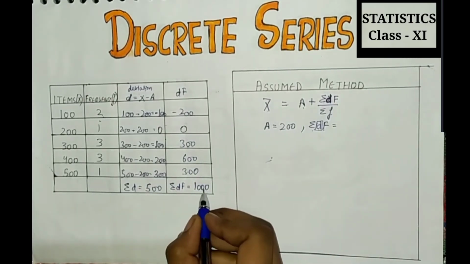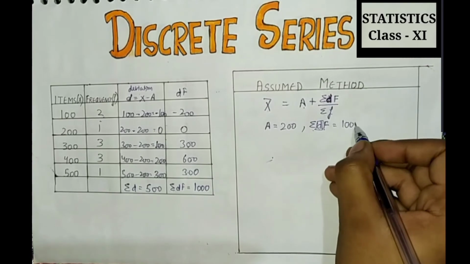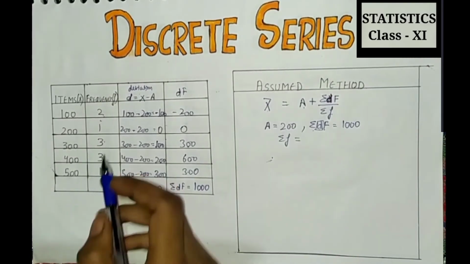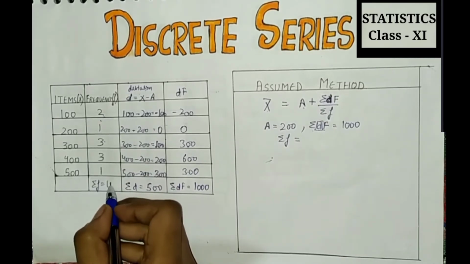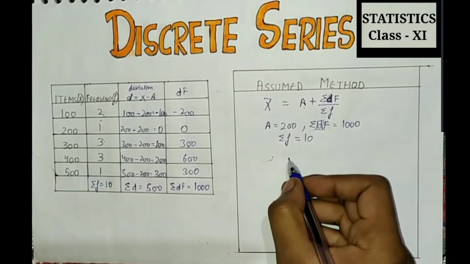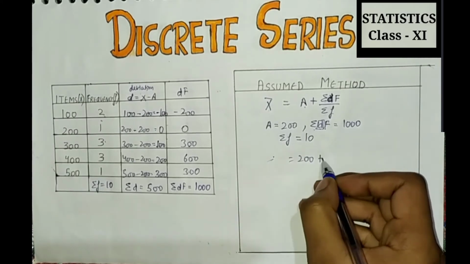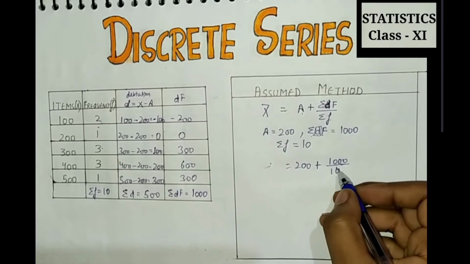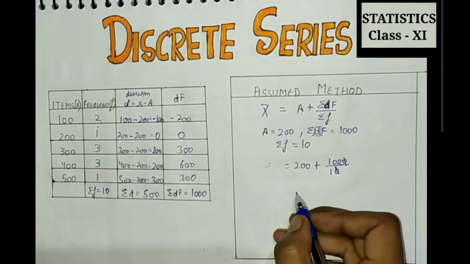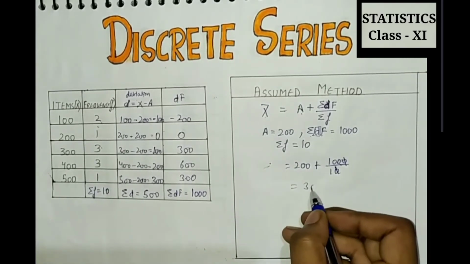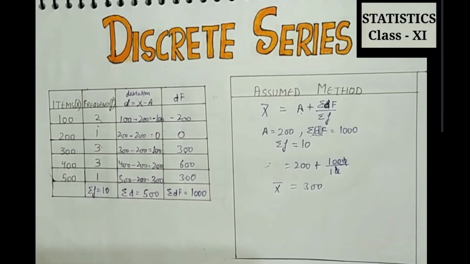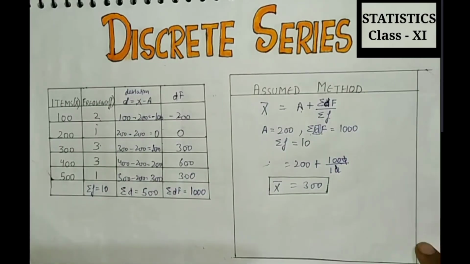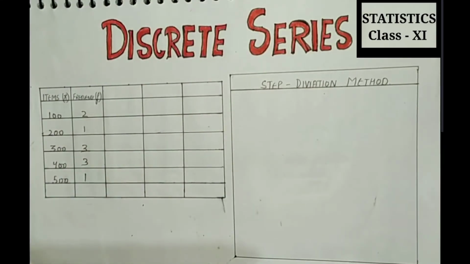So our sigma df is 1000, and our sigma f is equal to 10. Now substituting the values in the formula, 200 plus 1000 upon 10. Now solving this equation, the zeros cancel, and 200 plus 100 is equal to 300. So this is our mean. Our mean is 300.